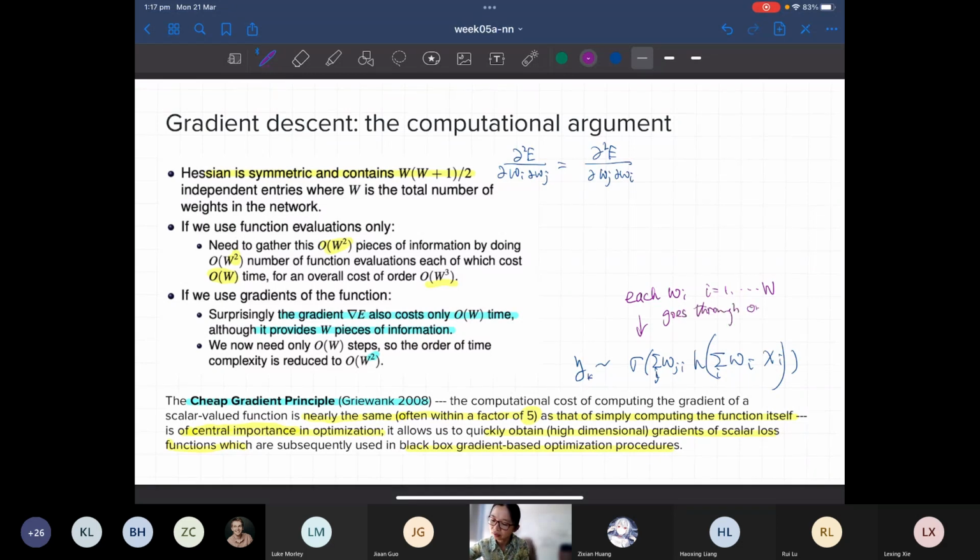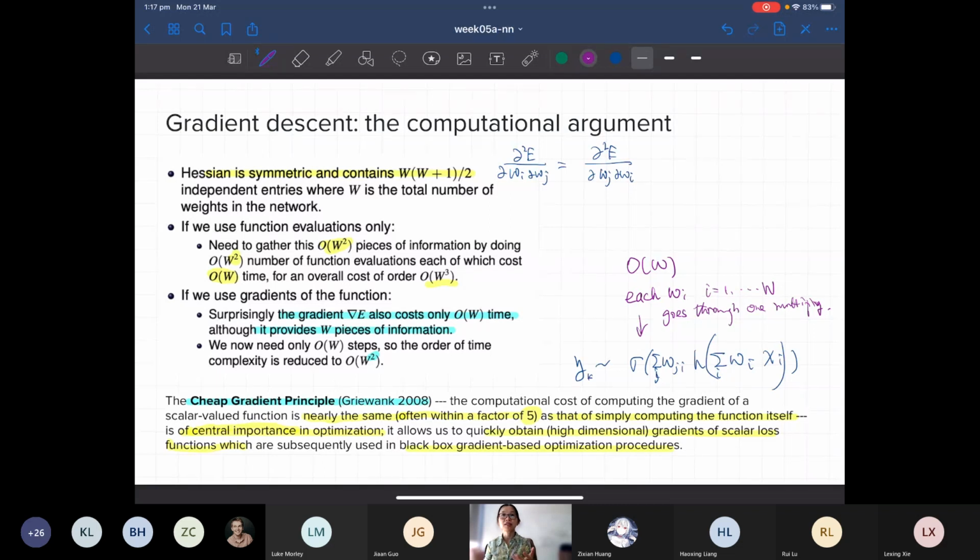Additions don't count compared to multiplication. So therefore, the cost of computing the function is order of W. I hope that helps.